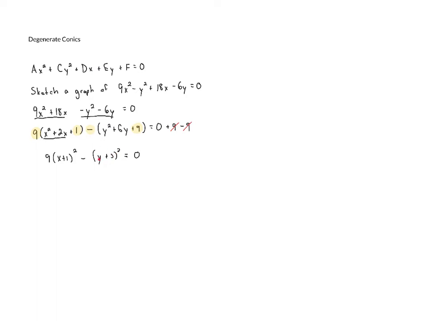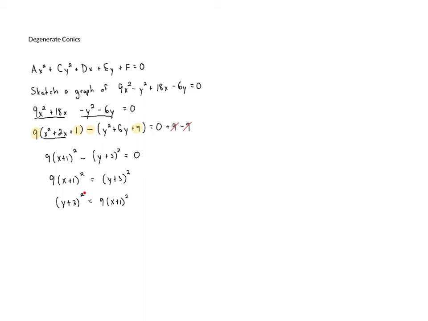So I'm going to move this y plus 3 squared to the other side to make it positive. This gives us 9 times x plus 1 squared equals y plus 3 squared. And I'm actually going to switch the two sides because it's going to be easier to have the y on the left. So y plus 3 squared equals 9 times x plus 1 squared. And we're going to try and solve for y.